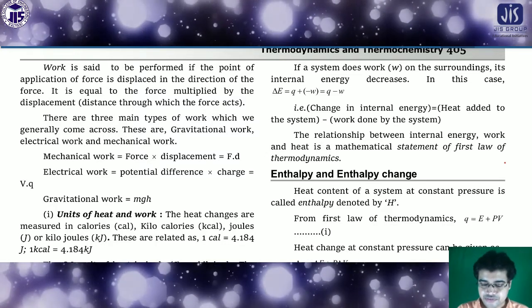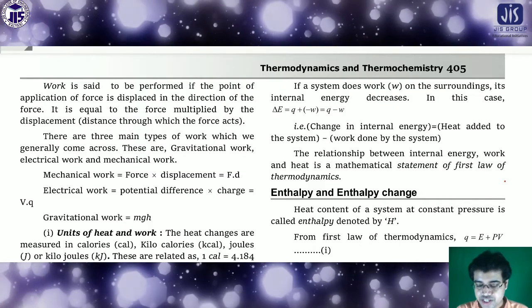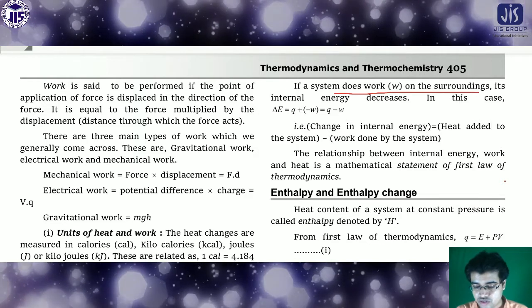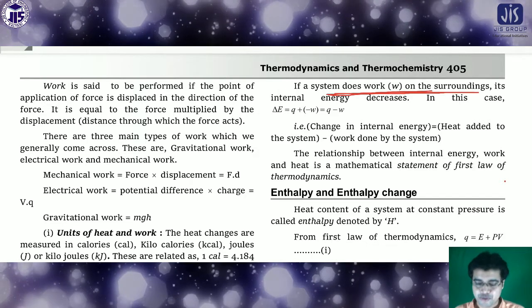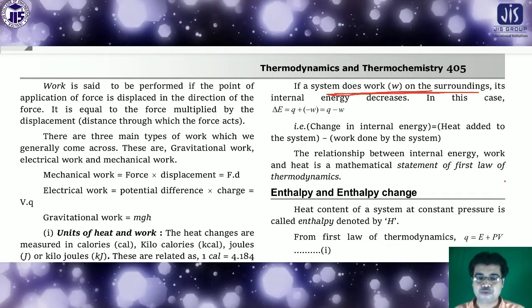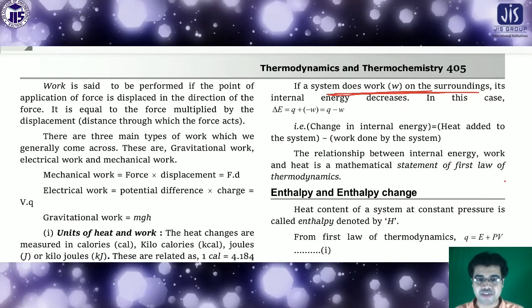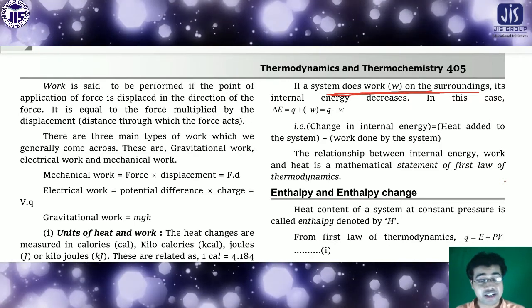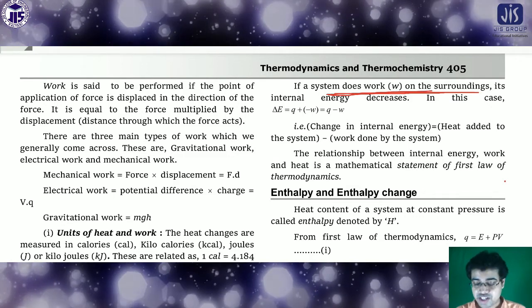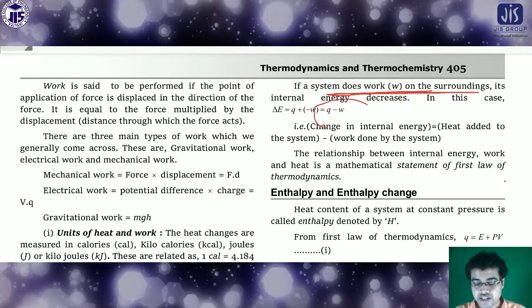If the system does work on the surroundings, we take W as negative. If we do work on the system, then W is positive. So then we have to take Q minus W.